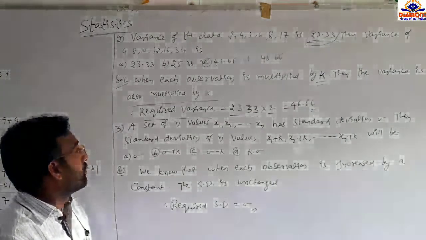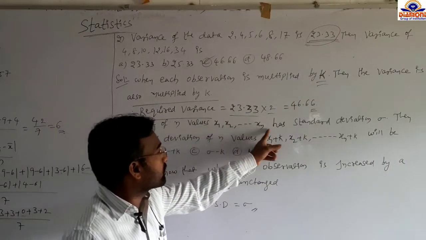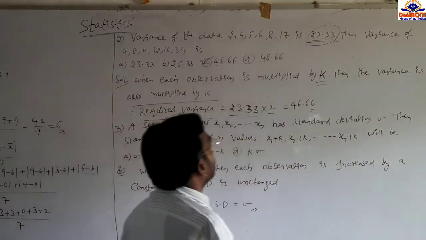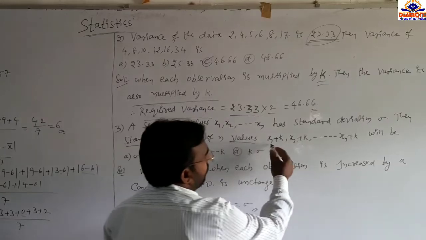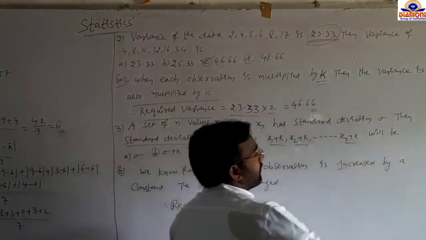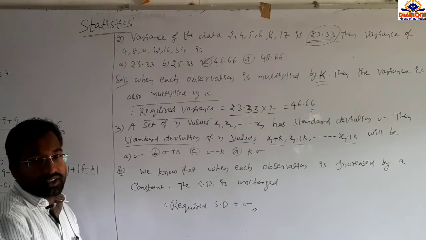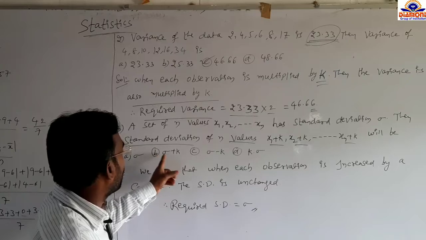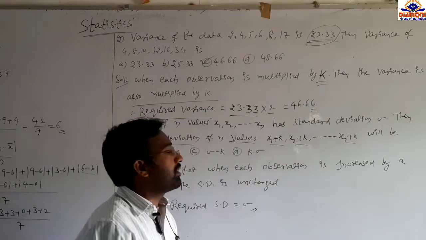Next, a set of n values x1, x2, so on, xn has standard deviation sigma. Then what is the standard deviation of the n values x1 plus k, x2 plus k, so on, xn plus k? Here each observation is added by some constant k. Option A sigma, option B sigma plus k, option C sigma minus k, option D k into sigma.